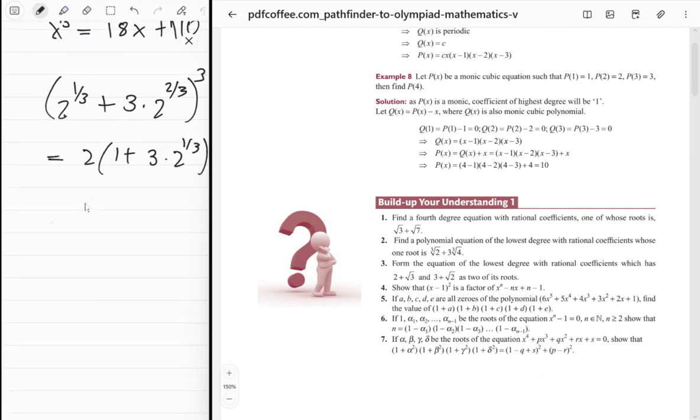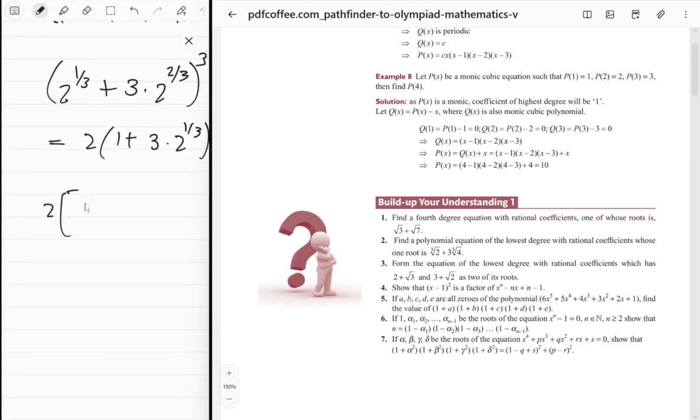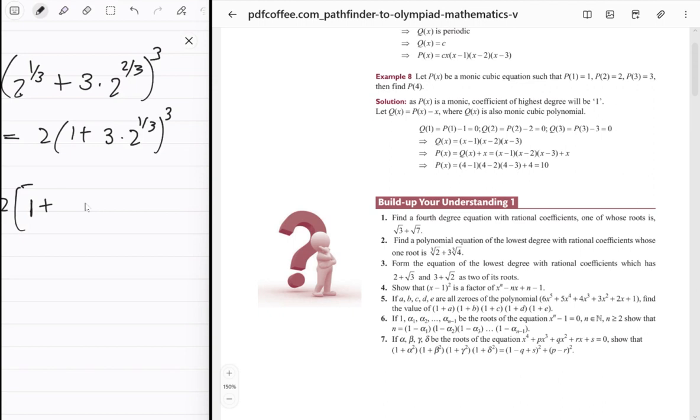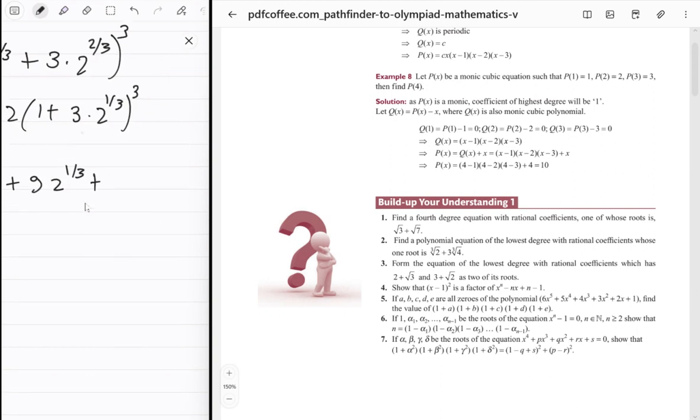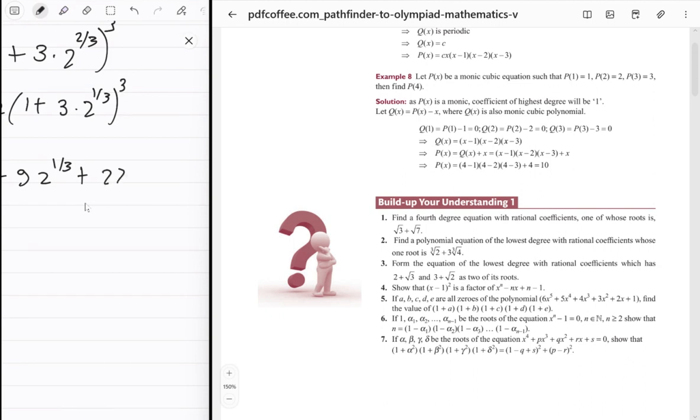So this will be 2 times 1 plus 3 times this stuff, which is 9 times 2 power 1/3, plus 3 times this thing squared, so 27 times 2 power 2/3, and then plus this thing cubed.